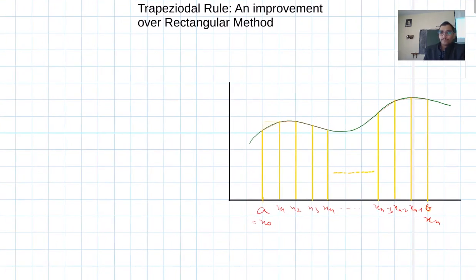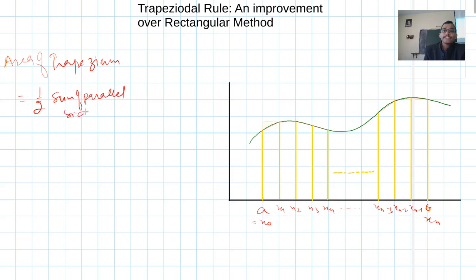So now, what is the area of a trapezium? Let me recall it. The area of a trapezium is 1 by 2 times the sum of the parallel sides times the perpendicular distance between them.